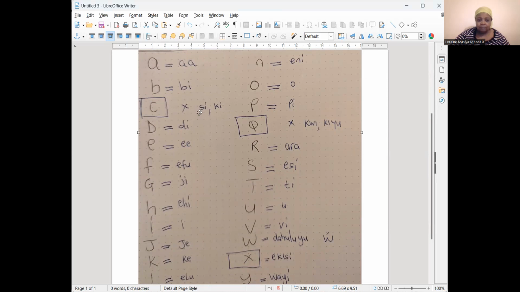But we have C as in SI, but mostly where it's supposed to be C, we use K or C as we go along. We don't have a word that just has a CA or CE, CI, CO, CU. No, it has to be a K.